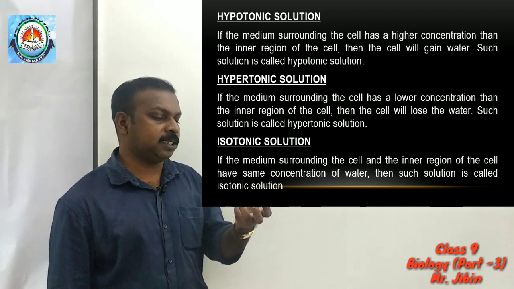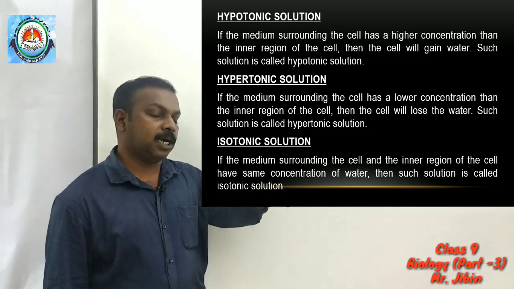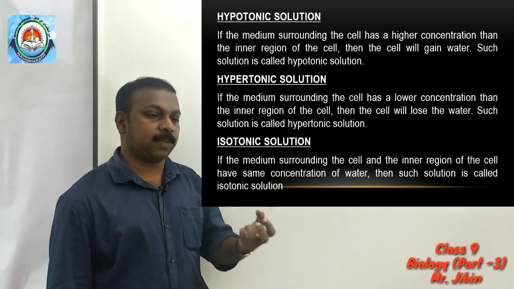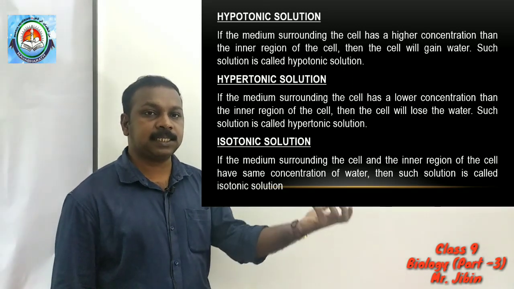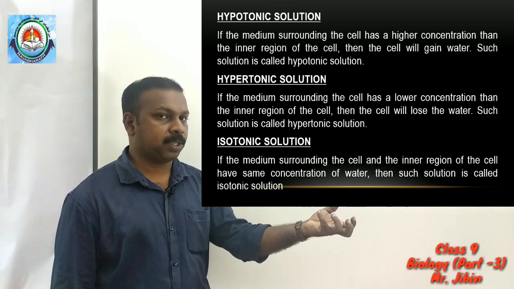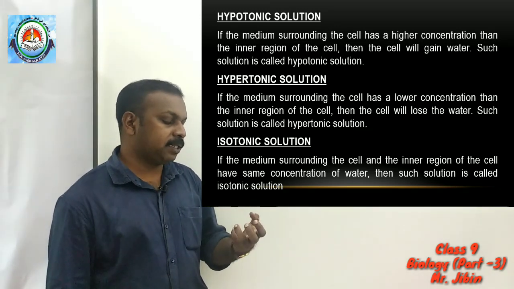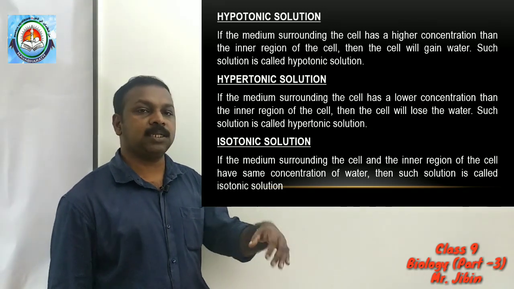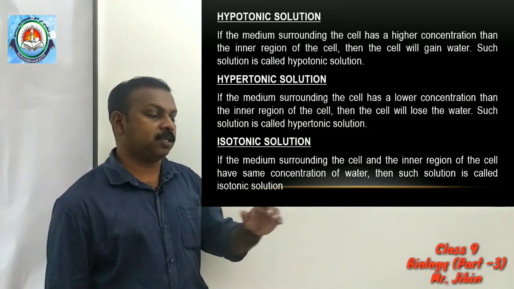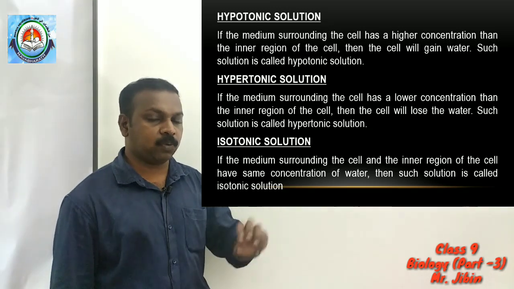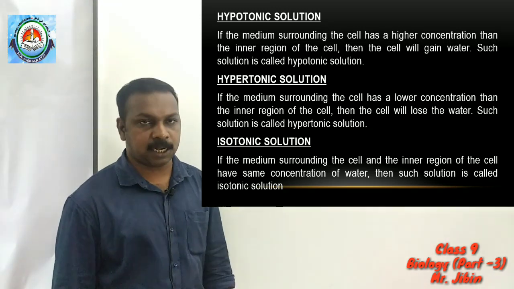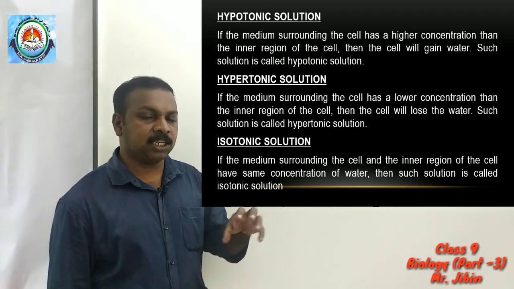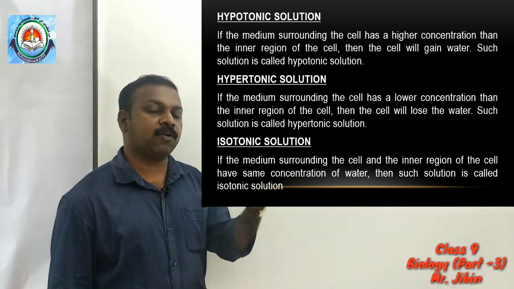So if we put these raisins in the solution or in water, what may happen? The water molecules may enter into the cell, into the raisins. Water molecules are transported from the higher concentrated region to the lower concentrated region, from the outer region to the inner region of the cell. It causes the swelling of the raisins.